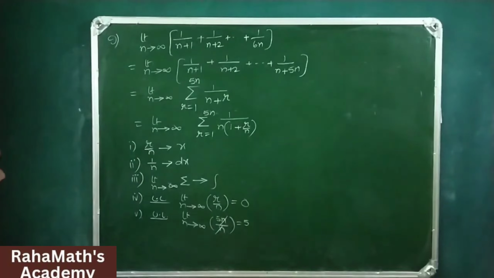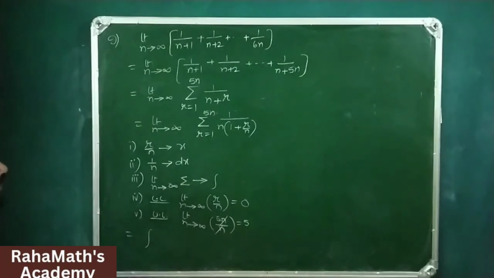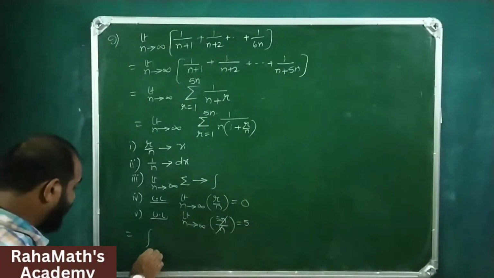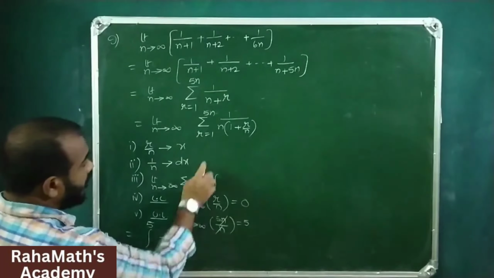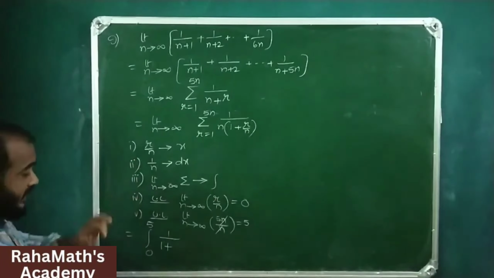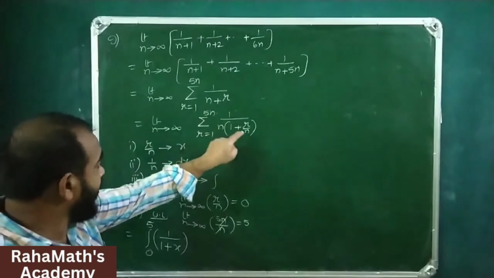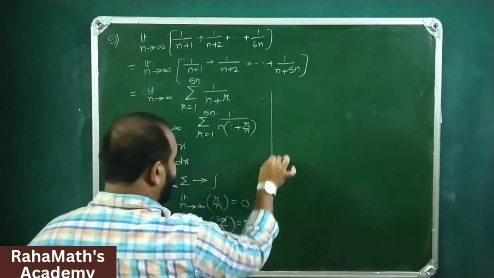Therefore, this has become limit n tends to infinity sigma, that is, the integral 1 to 5n has been replaced by 0 to 5, and 1 by 1 plus r by n is to be replaced with x into, this is 1 by n. 1 by n is to be replaced with dx.